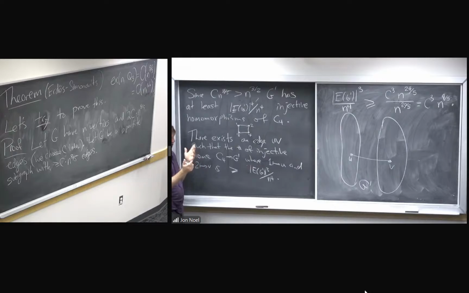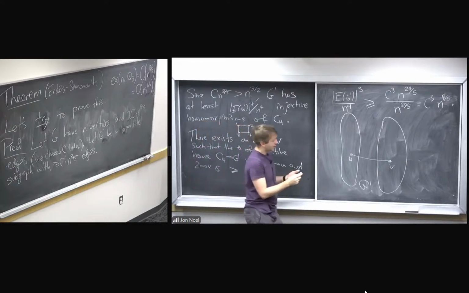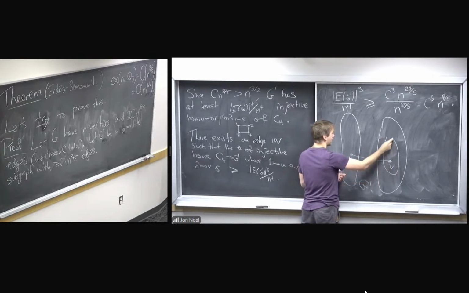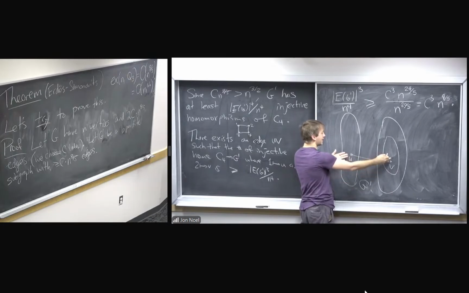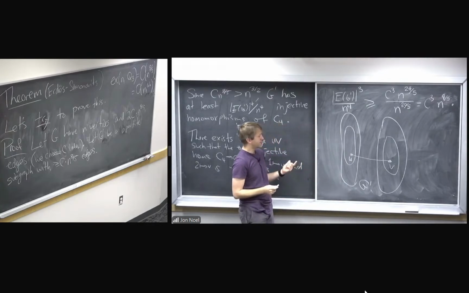The number of injective 4 cycles. Suppose I look at the neighborhood of U, and it's kind of like the neighborhood of U excluding V, but anyway, let's look at the neighborhood of U and neighborhood of V.